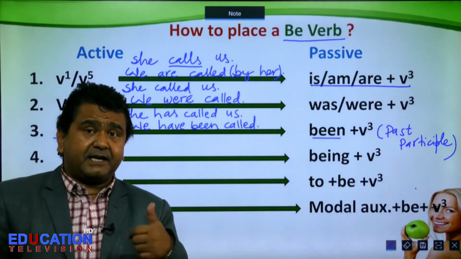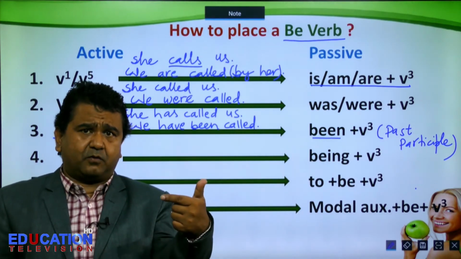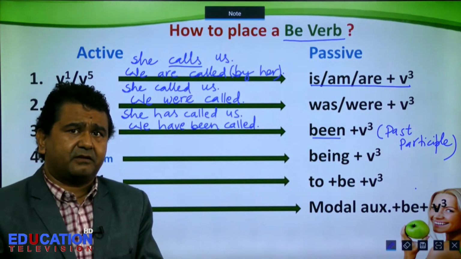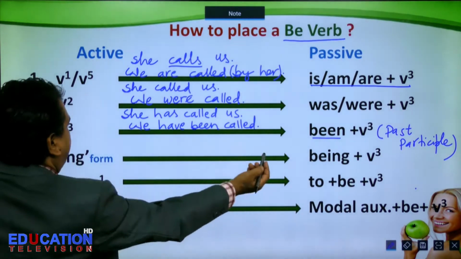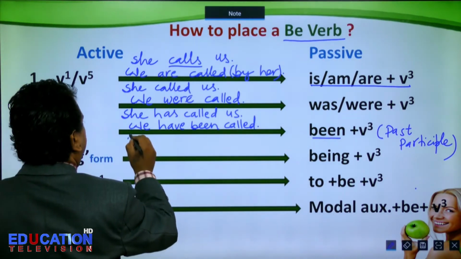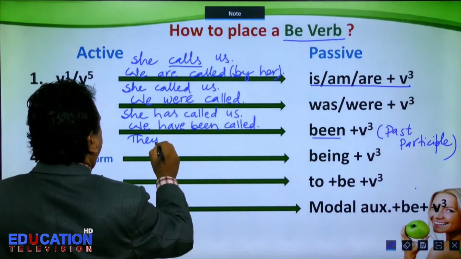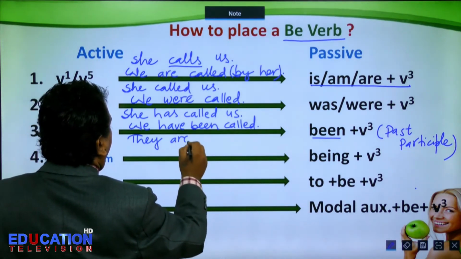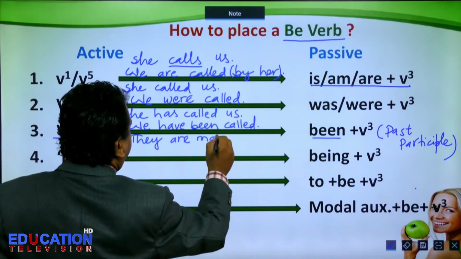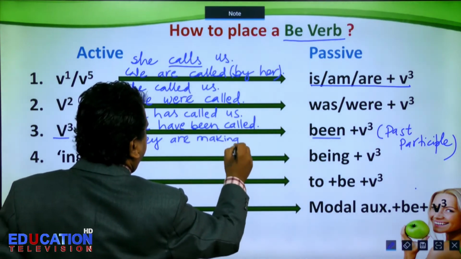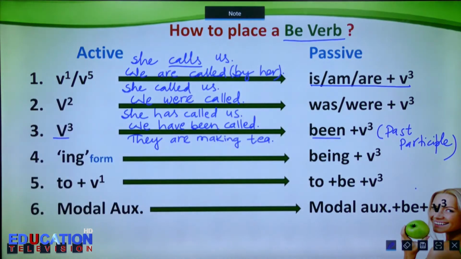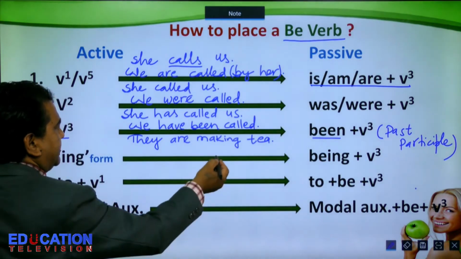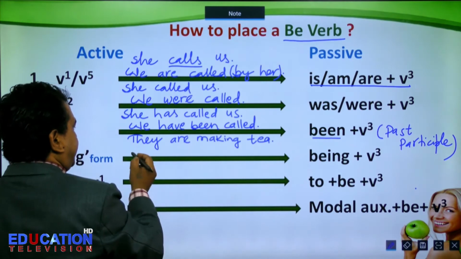Another one is if there is an ing form, which be verb should we place? Ing of be, that is being. For example, they are making tea. Let us see this sentence. They are making tea. So tea as object is drawn here as subject.